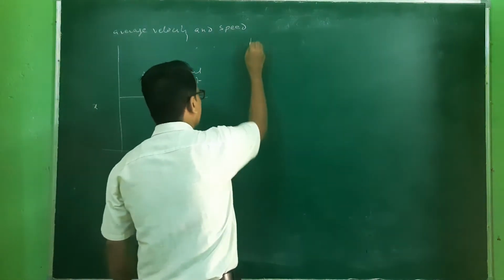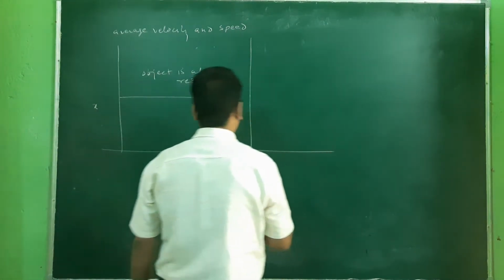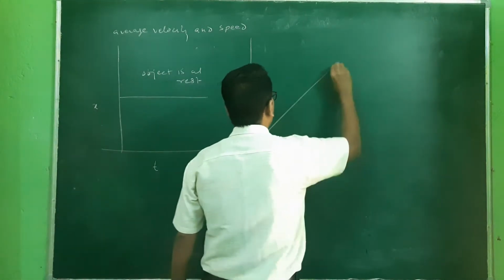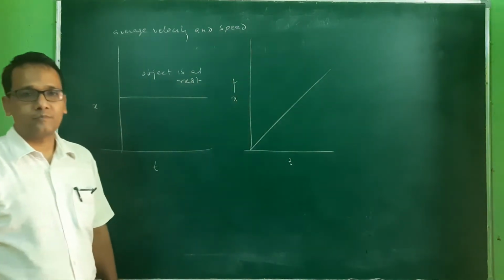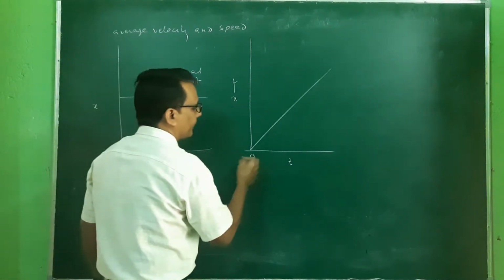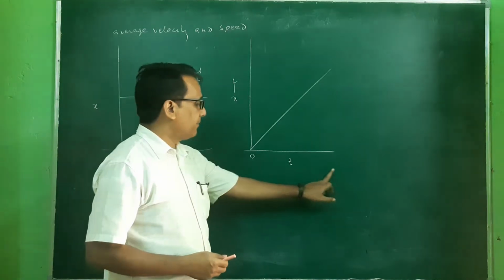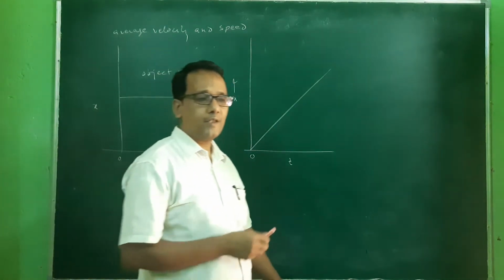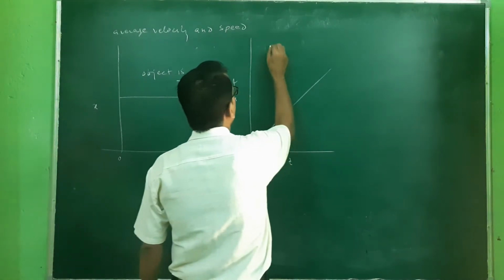And if this is another plot, where this is the time and this is x, and we have a linear line starting from 0, as time increases the position of the object also increases, so the object is in motion.